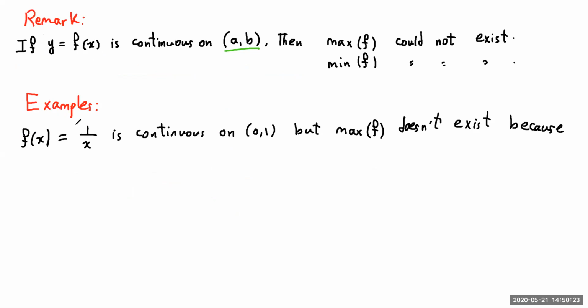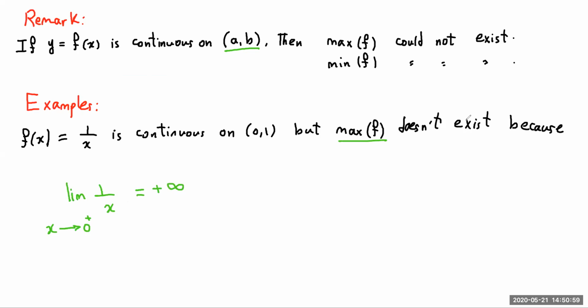For example, if I take the function 1 over x, this function is continuous on the interval (0, 1), but the maximum of f doesn't exist, because if I take the limit of 1 over x when x approaches 0 from the right, the answer is 1 over 0 positive, so it's plus infinity. So no maximum. The maximum doesn't exist because f(x) approaches infinity.